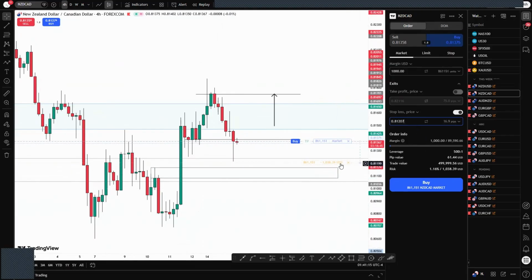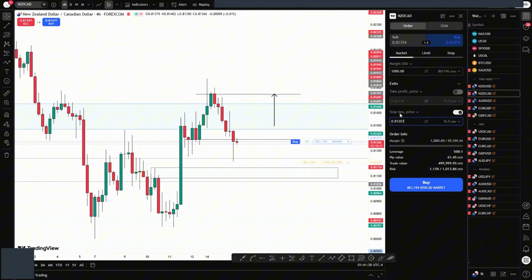So this means I'm risking 1,000 because my margin is 1,000, so I can't lose more than 1,000. It's already updating my stop loss with the way price is moving.